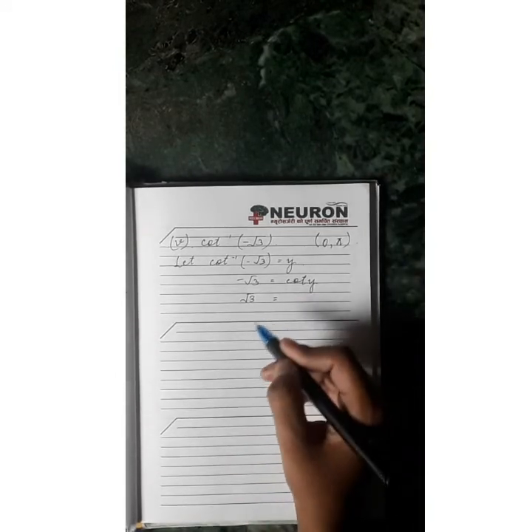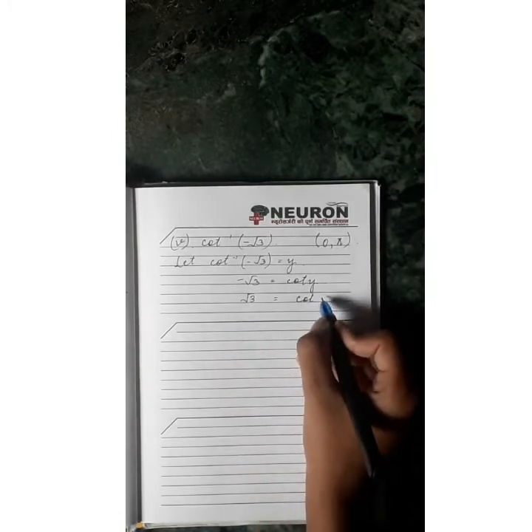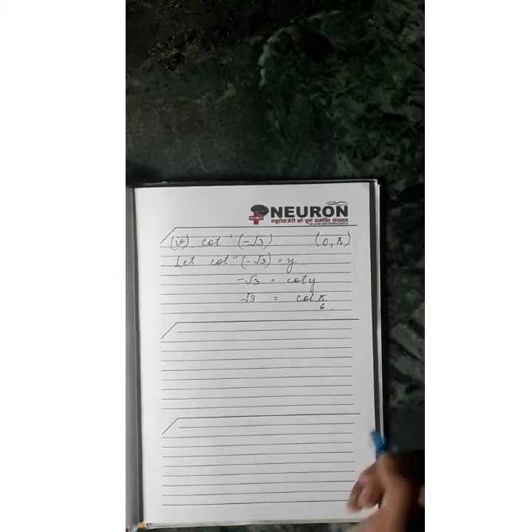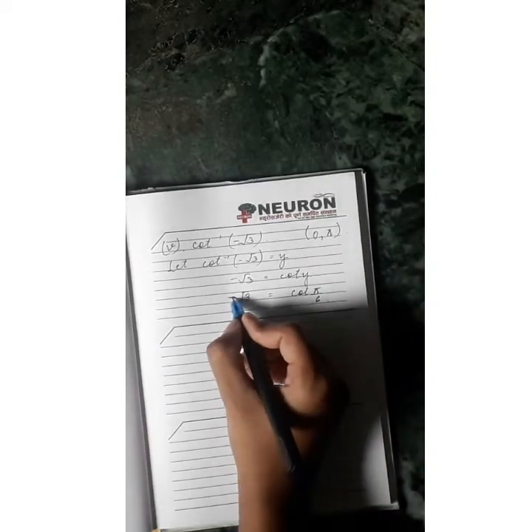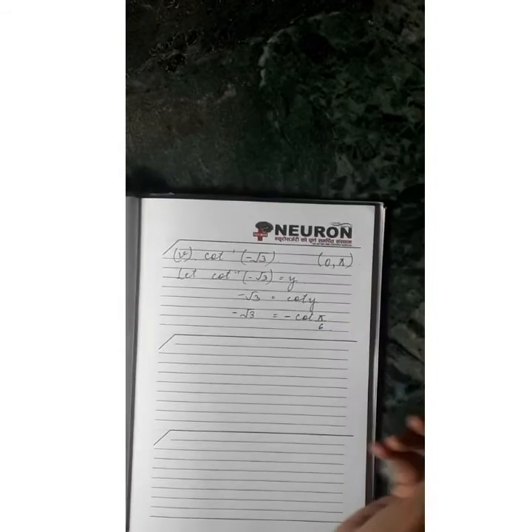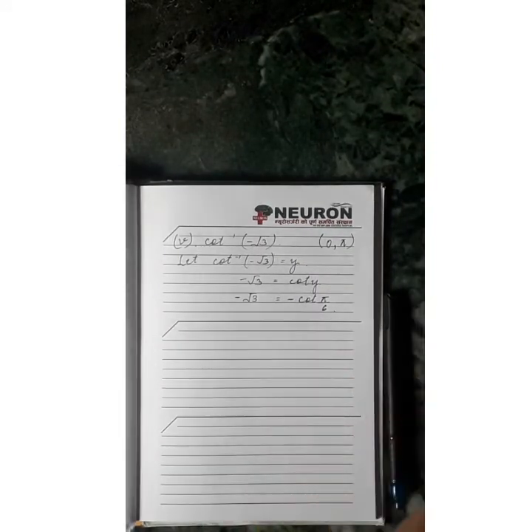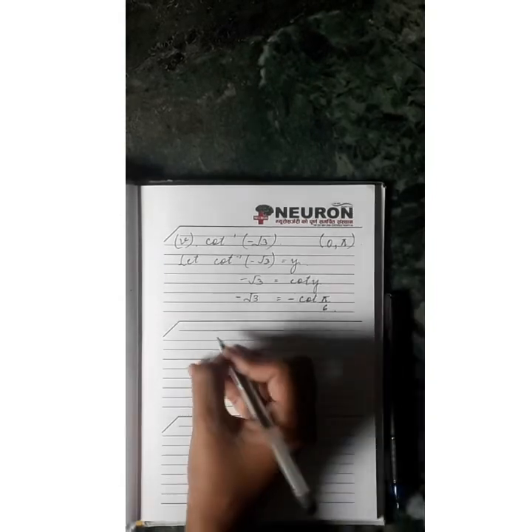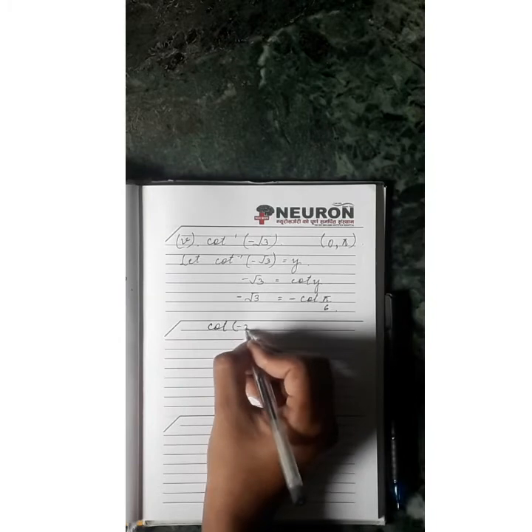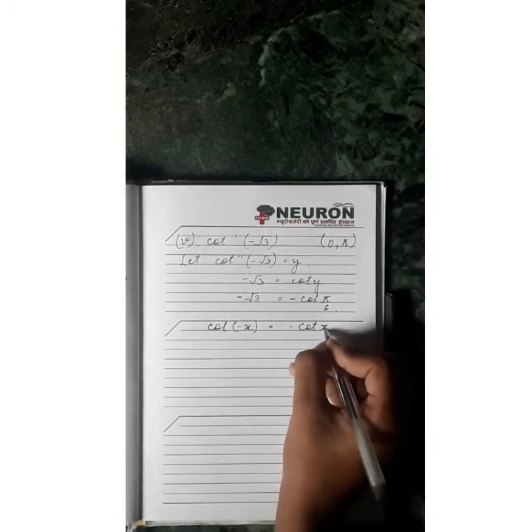So when it's root 3, theta is pi upon 6, so minus under root 3 means minus cot pi by 6. So here also you have the identity cot of minus x is equal to minus cot x.